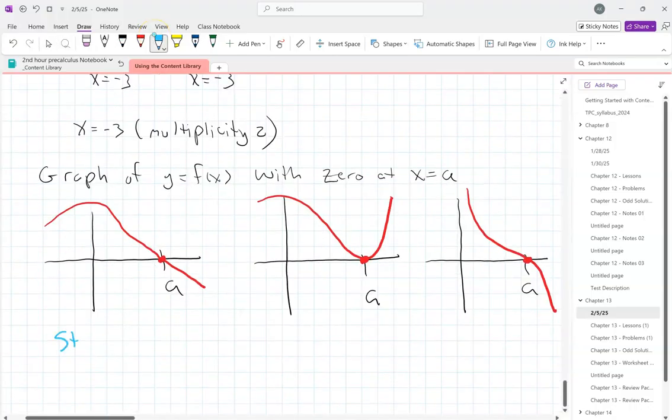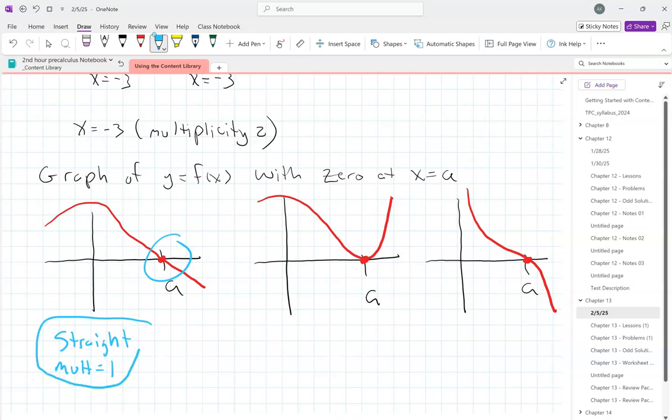This first situation is called a straight, because I notice the graph passes straight through the x-axis. That 0 is going to have a multiplicity of 1.